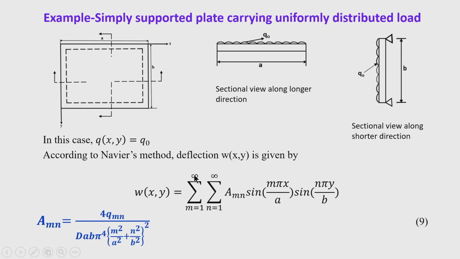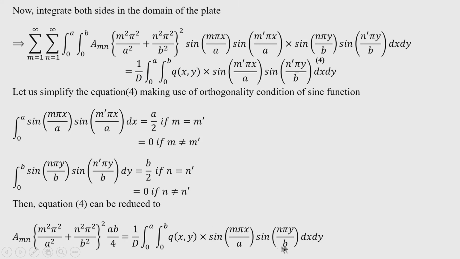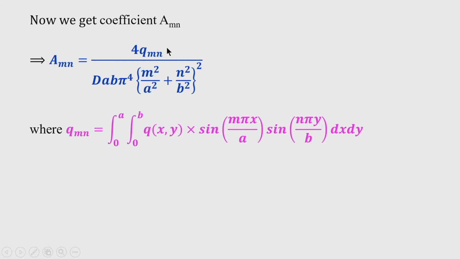Because this integral is taken as q m n, and pi square is taken out, so it becomes pi to the power 4, and a b is there and 4 is there. So, if this term is q m n, then we can write a m n as 4 q m n by d a b pi to the power 4 into m square by a square plus n square by b square, whole square.